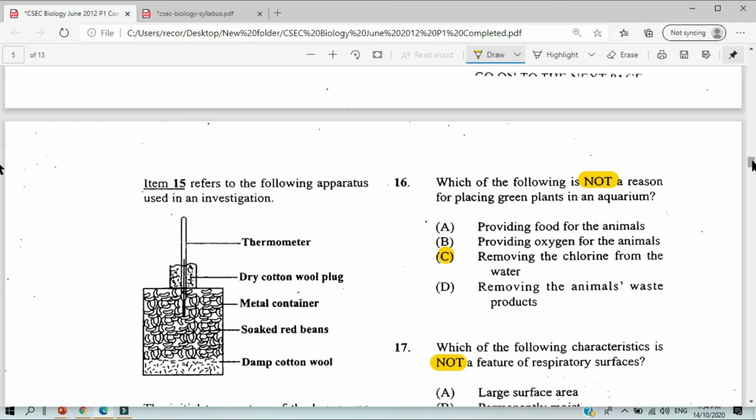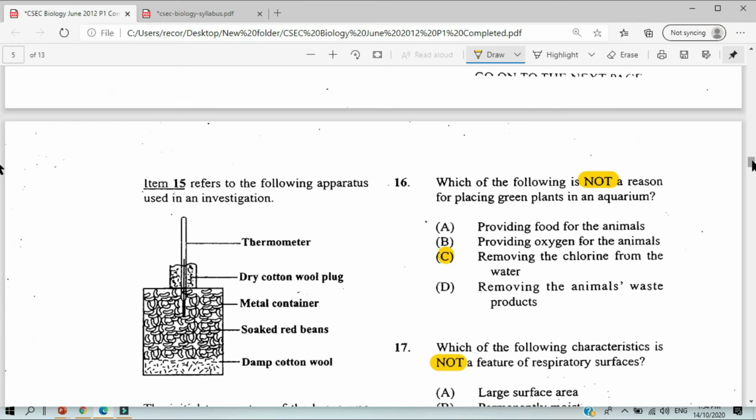Which of the following is not a reason for placing green plants in an aquarium? We chose C because we don't place a plant in an aquarium to remove the chlorine. But a plant, of course, could provide food, could, of course, provide oxygen, and it could remove waste if we had carbon dioxide there to be removed.